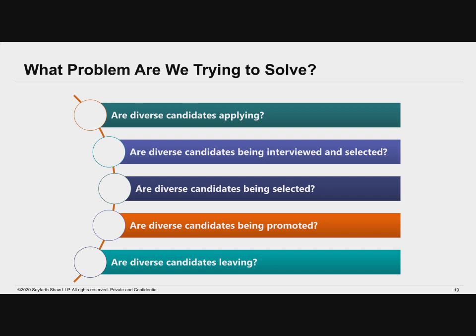Do you want to implement diverse slate within your program? If that's where you're seeing that enough diverse candidates aren't moving from the applicant pool to the interview stage, well, perhaps then diverse slate is an area that you do want to explore. If they are getting interviewed but they're not getting selected, then try to do a deeper dive and understand why they didn't make it through.